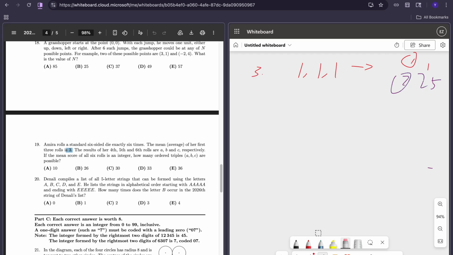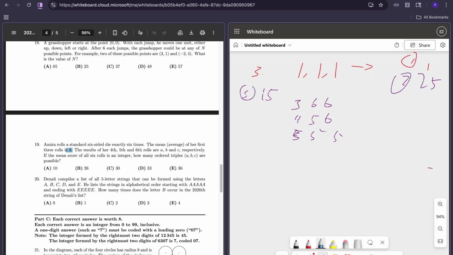And our third case, 15. Since our maximum number is 6, we can only start from 3. 3, 6, 6, and then 4, 5, 6. Lastly 5, 5, 5.